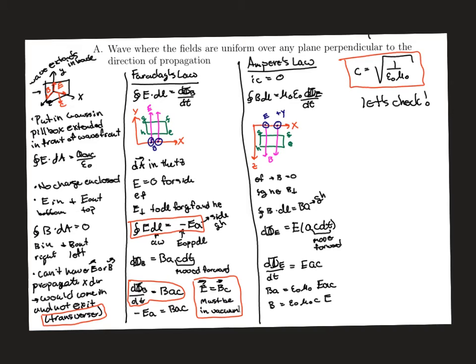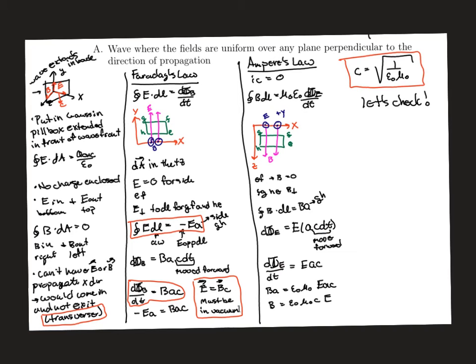Now we're going to do the other side of Ampere's law. So we're going to start with the change in the electric flux. Remember, electric flux is electric field times area. So we have the electric field here, and once again we're defining the area where this side is this side of the box, and then this side is how much the wave has propagated forward. So we get this move forward by taking the velocity times the change in time.